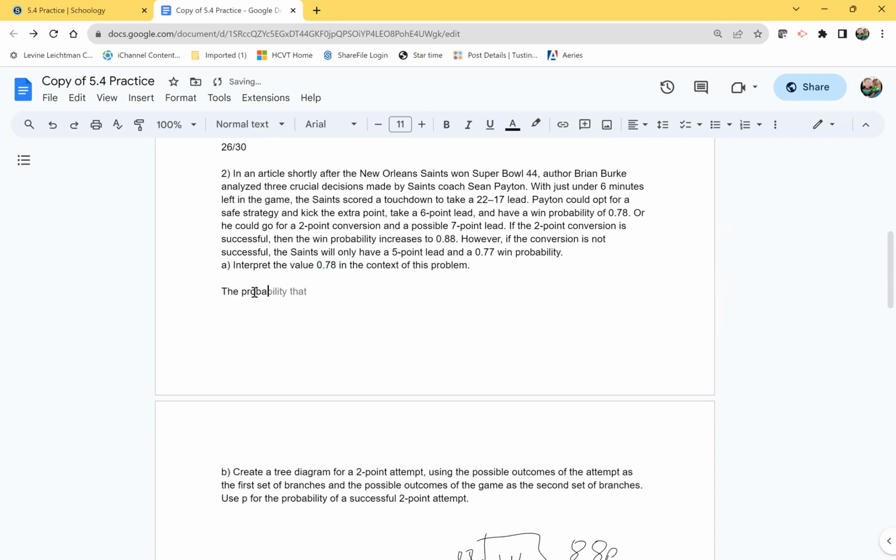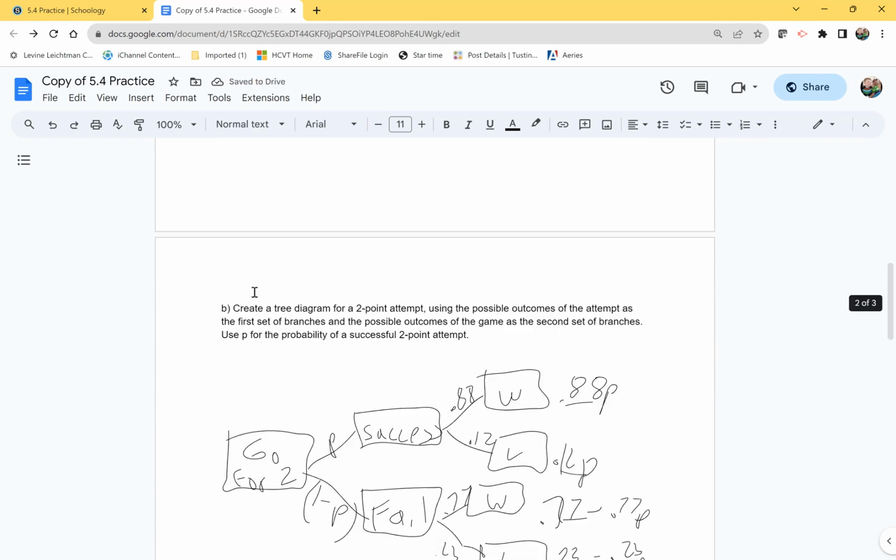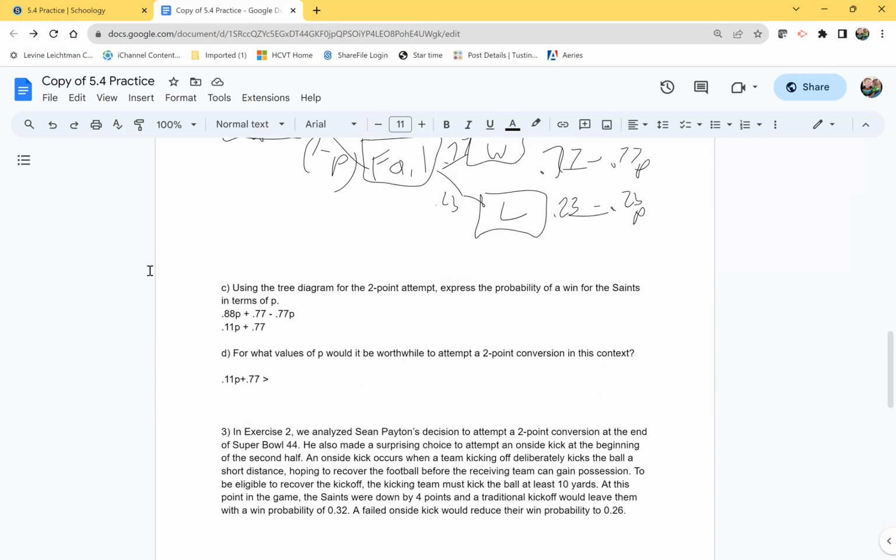It's the probability of winning if we kick the extra point going for 1. So as opposed to the probability tree going for 2, this one's going for 1. So we need to compare the going for 2 from the probability tree to 0.78, which is our probability of going for 1.